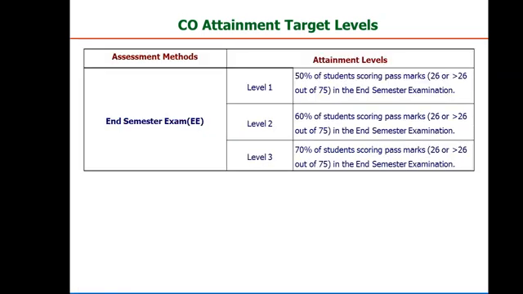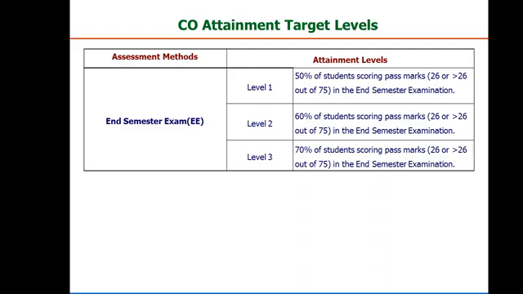Then coming to end semester examination target levels. At the end semester, we don't know the question-wise marks. Why? Because the university evaluates it. We will only know the total external marks.